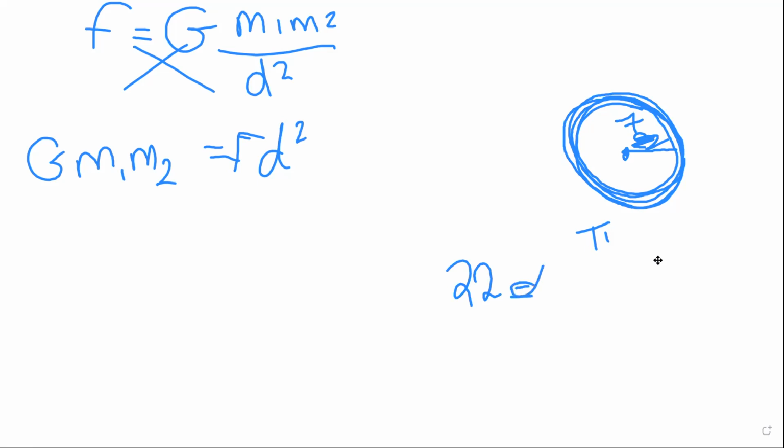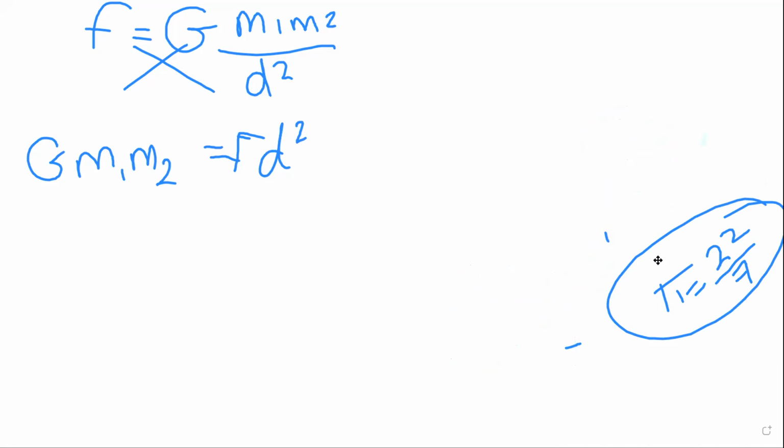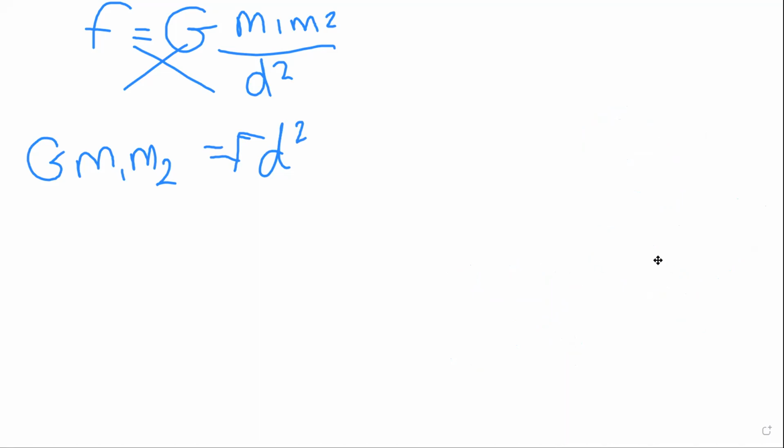So they found that this 22 depends on R, and this R is 7. It means there's a constant here. Let's name it pi. So if the radius of the circle is 7, its circumference will be 22, so pi will be 22 over 7. So the mathematicians or scientists make more experiments in order to find these constants. Here, as Newton did, they make many experiments in order to find G.